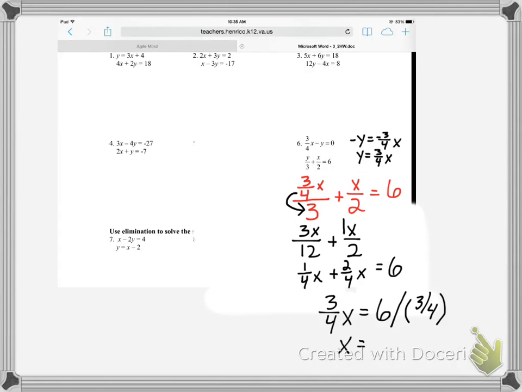Or, if you multiply both sides by its reciprocal, it does the same thing. Both of these give the same answer. This is easier for me to see, though, because I know that 6 times 4 is 24 over 3. I still have the 3 on the bottom, which is what? 8. Now, if you do this part right here in your calculator, as long as you put that 3/4 in parentheses, you'll still get 8. It's the same thing. Up to you which method you use.